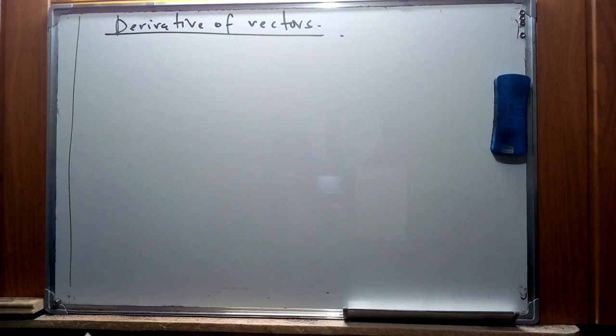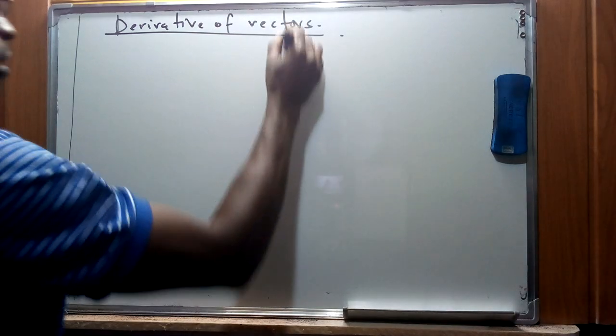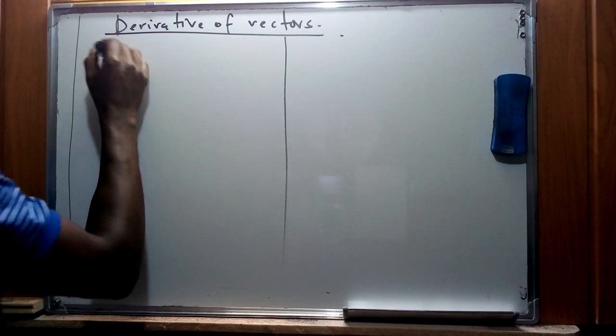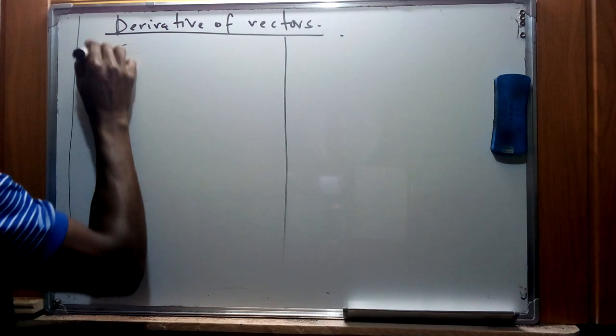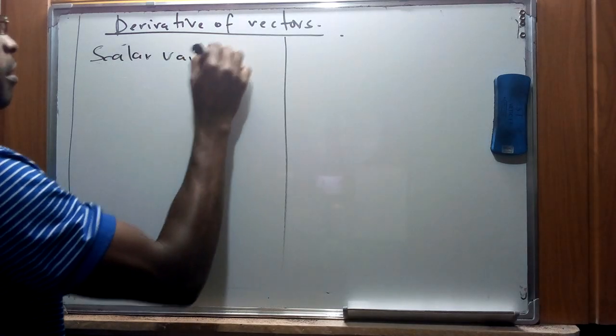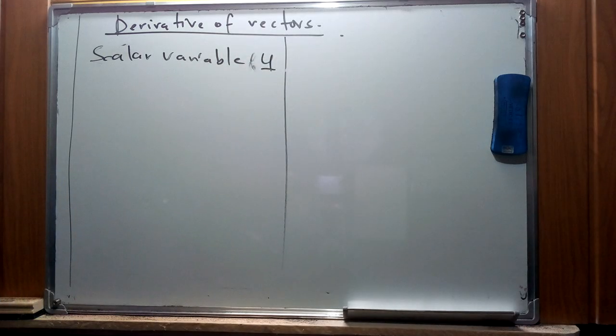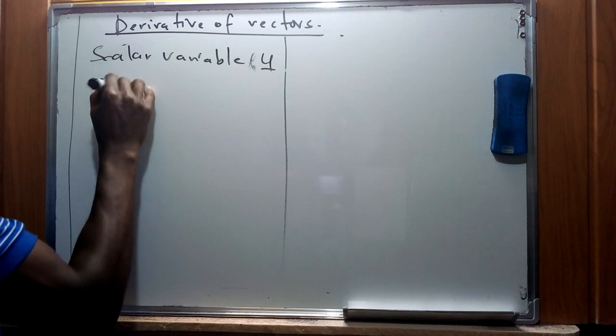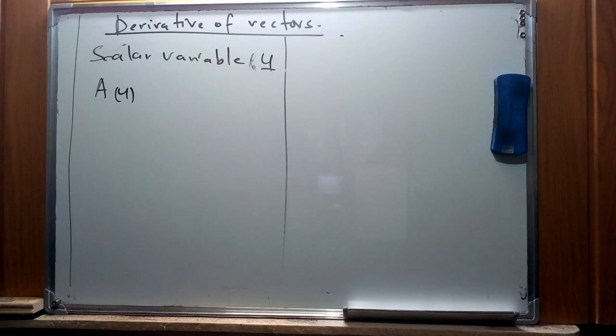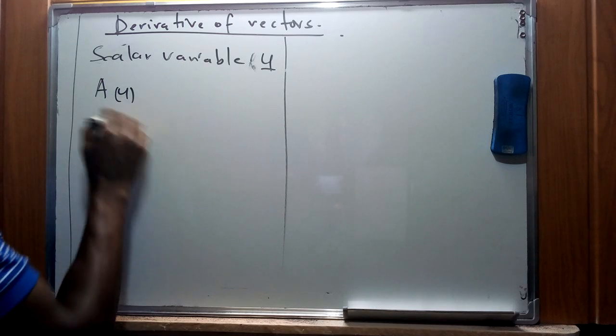So as I've said, we're going to look at the derivative of vectors. And as we said, they already defined that if we have a scalar variable u, and it contains a corresponding vector A, then we can define that vector as a vector function of u, which we had written as A(u).